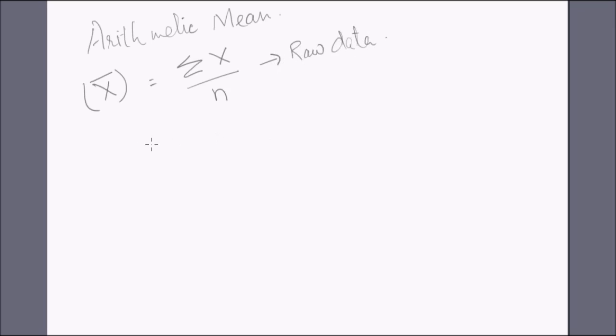When we have data in frequency distribution, we will find the sum of the product of x with frequency, and we will divide it by the sum of frequency, which in other words we can write as summation of x f divided by, say, let me call this capital N. This is for frequency distribution table.